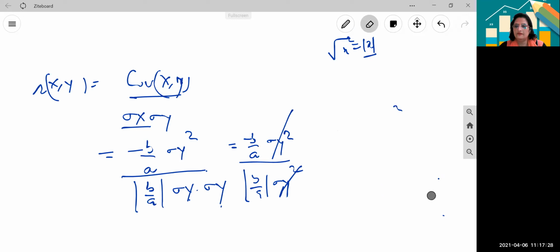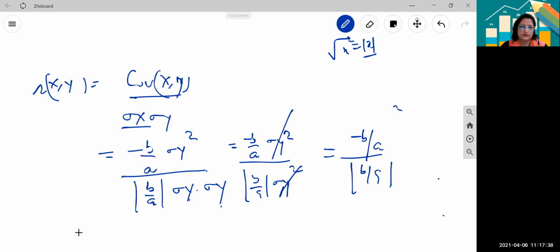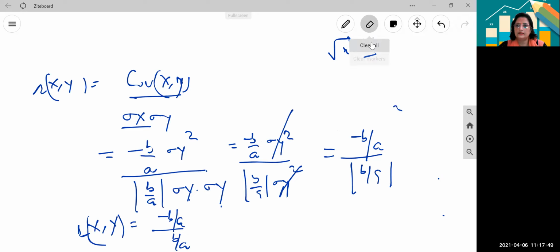So ultimately what you will have, we are only left with which condition? This is equal to minus b by a upon mod of b by a, right? Same here, yesterday also we had the same theorem, and there also you had the same notations. Now here I will define the cases, case number 1 and case number 2.